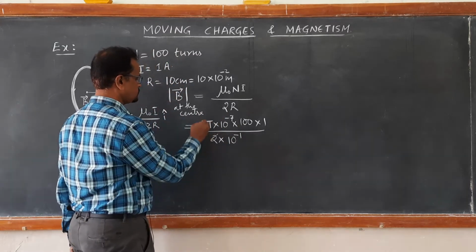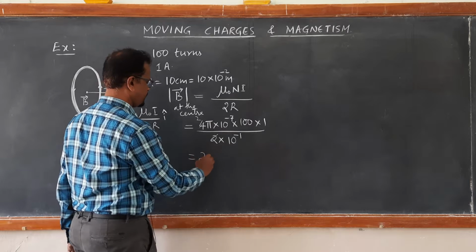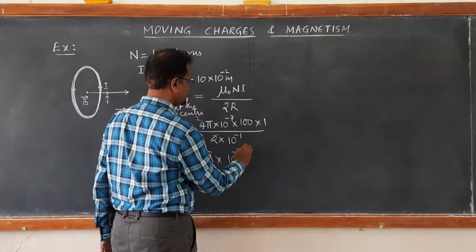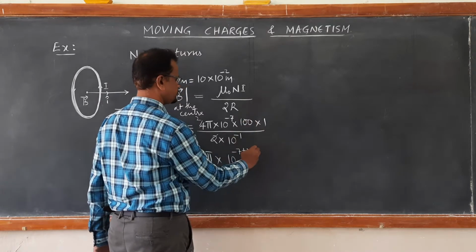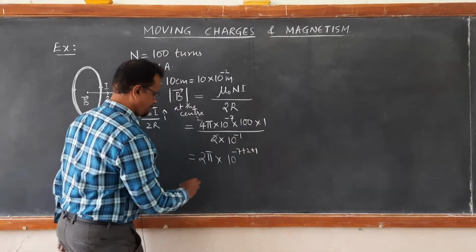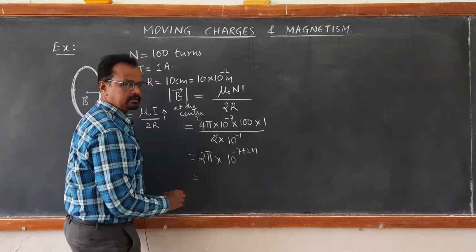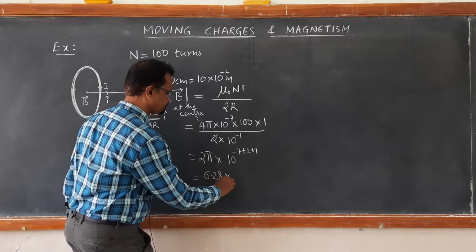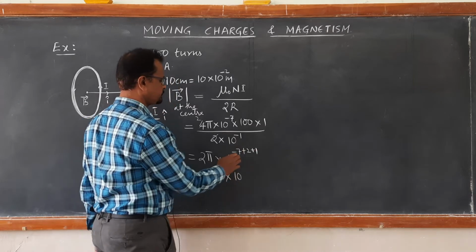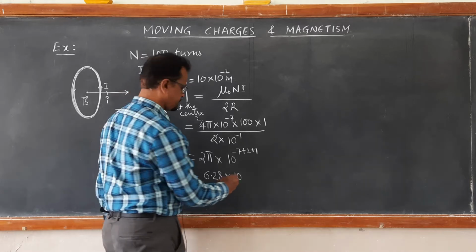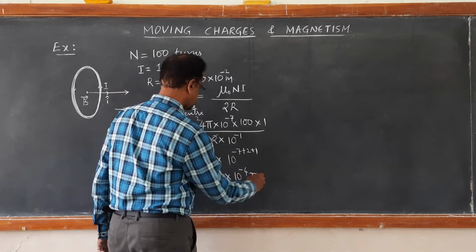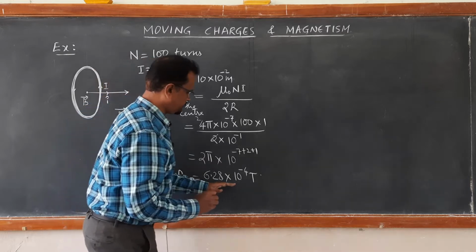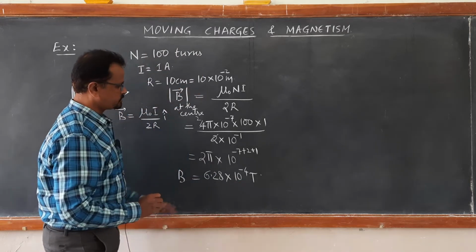So 2 ones are 2, 2 twos are 4, so it becomes 2 pi into 10 to the power of minus 7 plus 2, and this comes to the numerator, it becomes plus 1. So 2 into pi, 2 into 3.14, it becomes 6.28 into 10 to the power of minus 7 plus 3, it becomes minus 4. So magnetic field becomes 6.28 into 10 to the power of minus 4 Tesla.